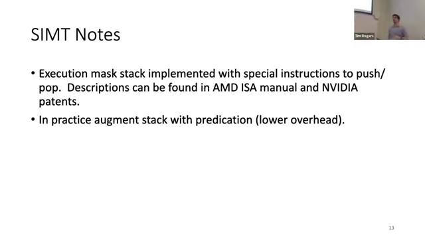You could do this entirely in software, with special instructions. And AMD machines did this at least for a long time. They had a special scalar unit that would do all these computations, to basically perform the operation of the SIMT stack and then just predicate all the vector operations with whatever was at the top of that software stack. So it doesn't have to be in hardware. Historically, in NVIDIA machines, it has been in hardware, and in AMD machines, it's been in software.